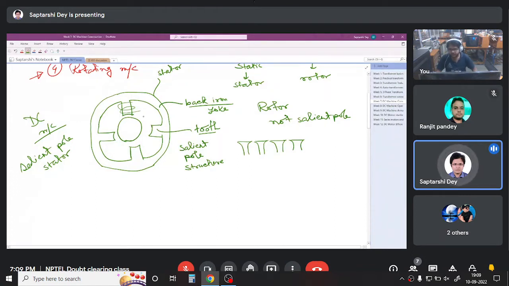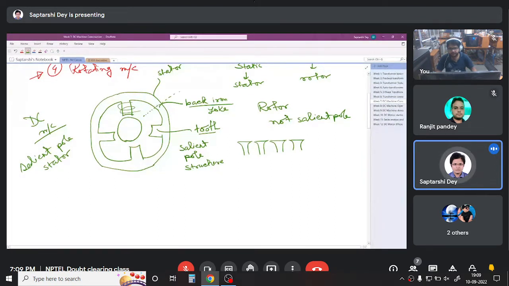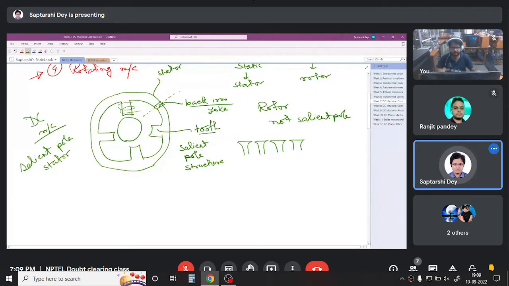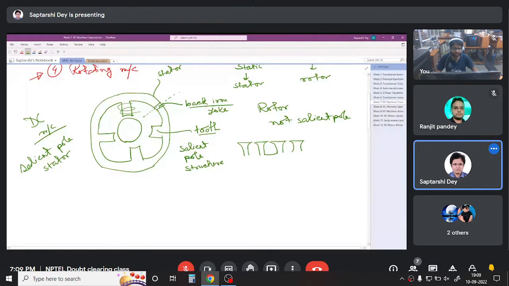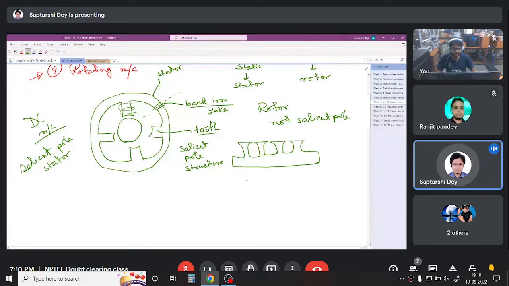So what we do is conceptually, say this stator if you take, and conceptually if you cut it here, you get a cut and then lay this structure flat on the table. So something like this will be created. This is used in the study of electric machine very commonly. So if you cut a 4-pole structure somewhere and lay it flat on the table, this kind of thing you will get. This is called a developed view.